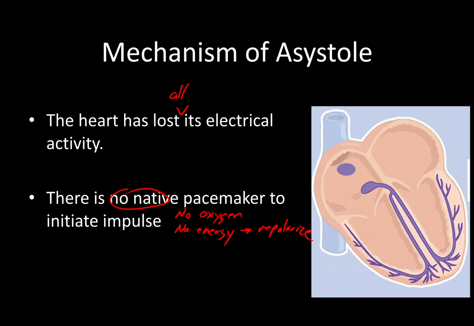No energy, you can't repolarize, and therefore you can't make an additional impulse. This has a grave prognosis. It's one of the poorest possible outcomes you could think of, or that we've been able to find in terms of cardiac arrest and things of that nature. Essentially, the heart is dead.